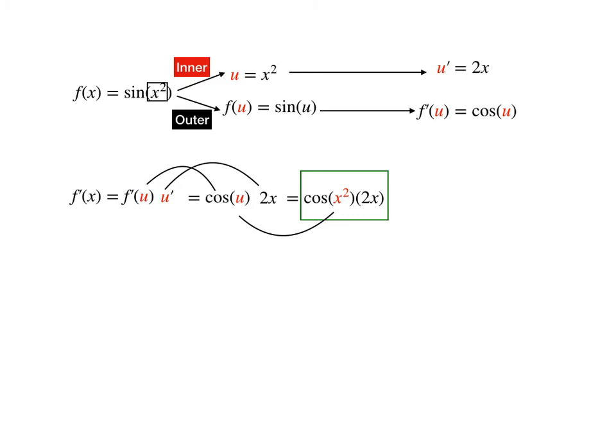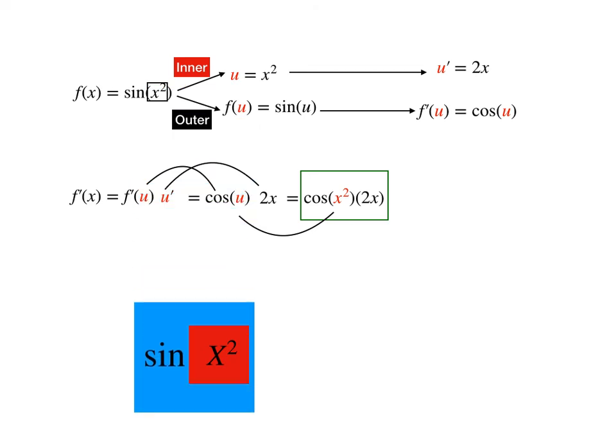Now I notice a pattern of the inner function and the outer function. If I put the inner function into a box, let's say this red box, and I put the outer function, sine, into a blue box, then in order to find the derivative of sine of x squared, I first find the derivative of x squared, d over dx, which is 2x.